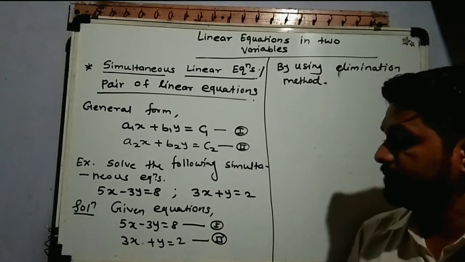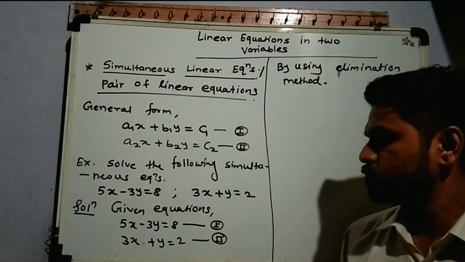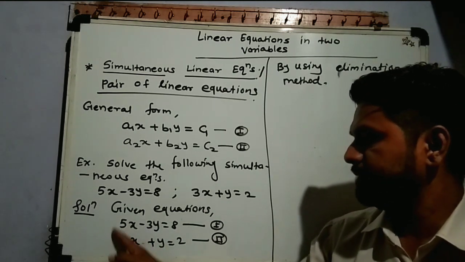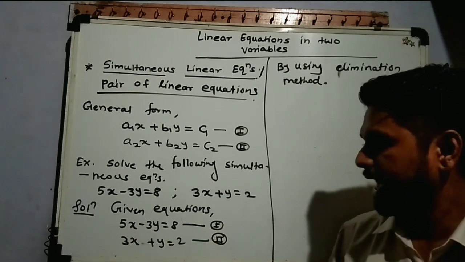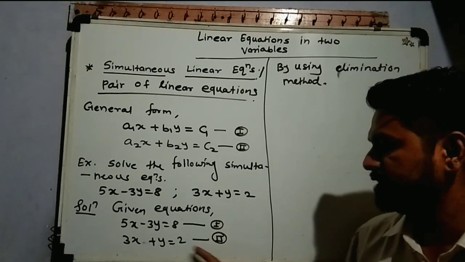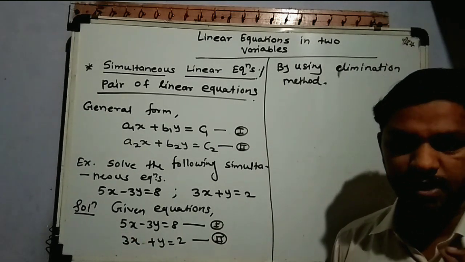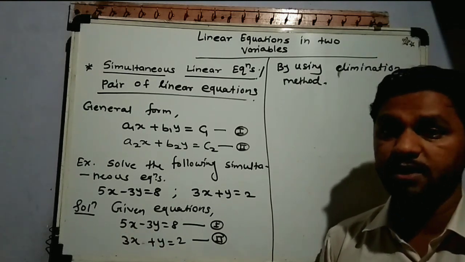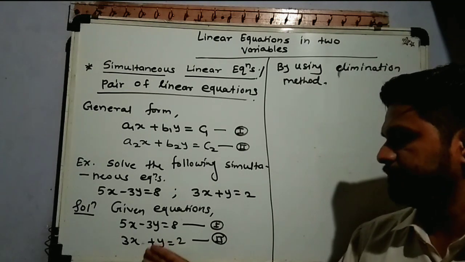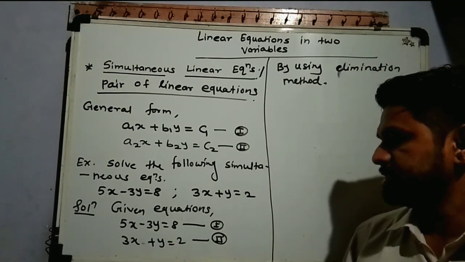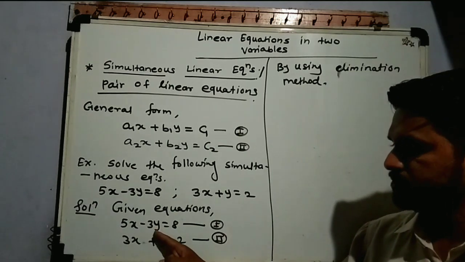If you have to eliminate variable x, listen, it will become equal if you multiply 3 to equation 1, so 5 times 3 is 15, and if you multiply 5 to the second equation, 5 times 3 is also 15. So your coefficients will be equal, and we can easily eliminate the variable x. Okay, in this example I just eliminate variable y. So how do I eliminate? What is the coefficient of this y?